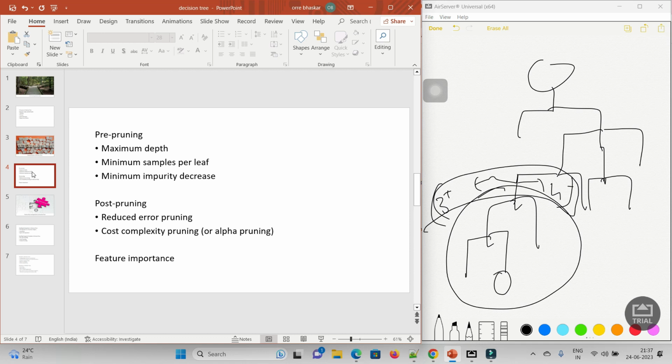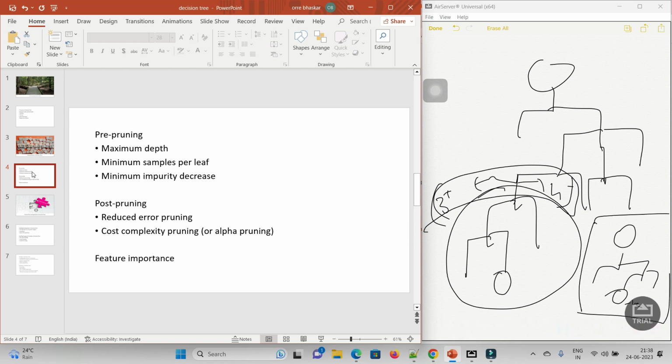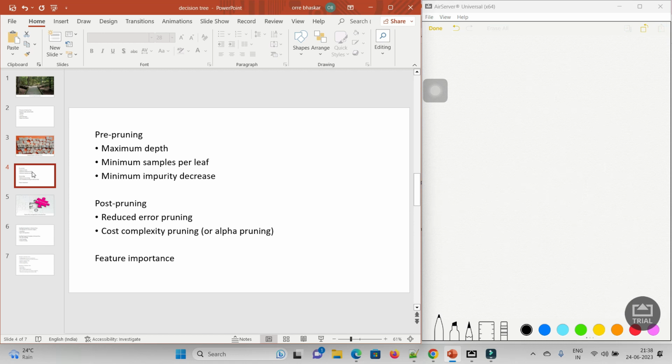That means I will replace this node with a leaf node labeled negative. So this will be our tree. We are replacing the subtree with a leaf node, and this in turn reduces our error. That is what reduced error pruning means.